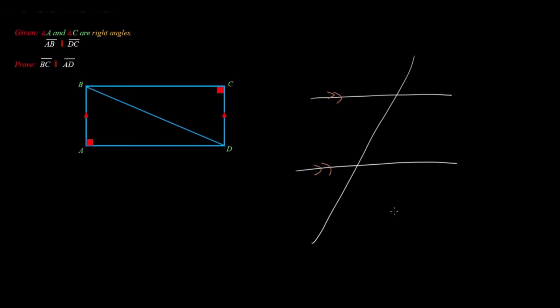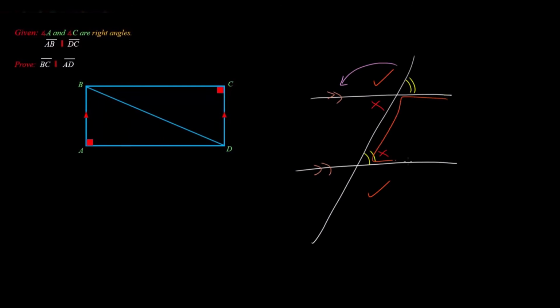So that's what we know about parallel lines, and there's a converse of this. The way you prove lines to be parallel is that if you can say the corresponding angles are congruent, then the lines are parallel. If the alternate interior angles are congruent, then the lines are parallel. If the alternate exterior angles are congruent, then the lines are parallel.